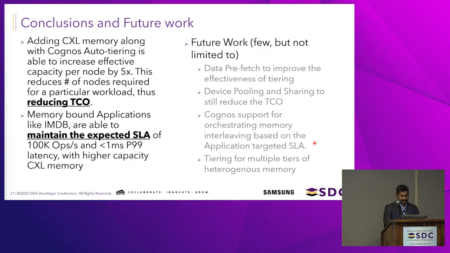Then memory orchestration, the auto tiering, which I have talked about. And the final thing is we are working on supporting multiple tiers. Right now our experiment just showed DRAM and CMM-H, but we are also working on more than 2 tiers. That's the effort we are pursuing right now.